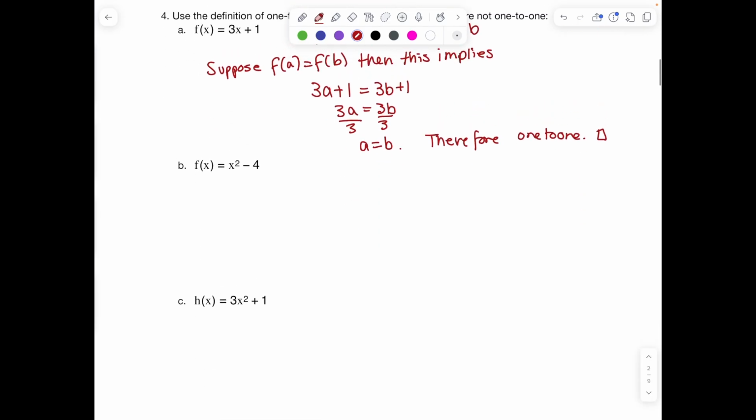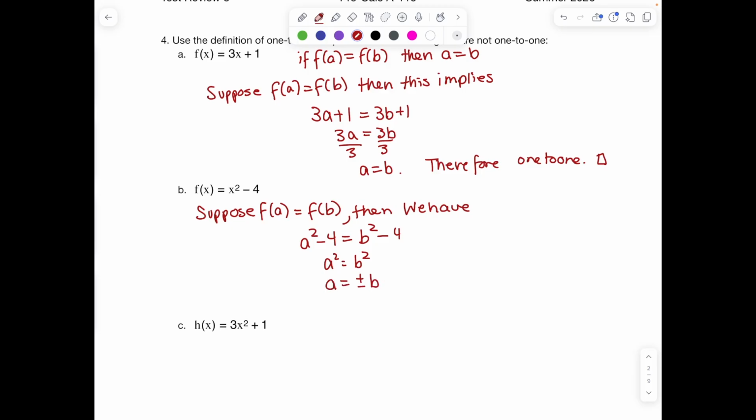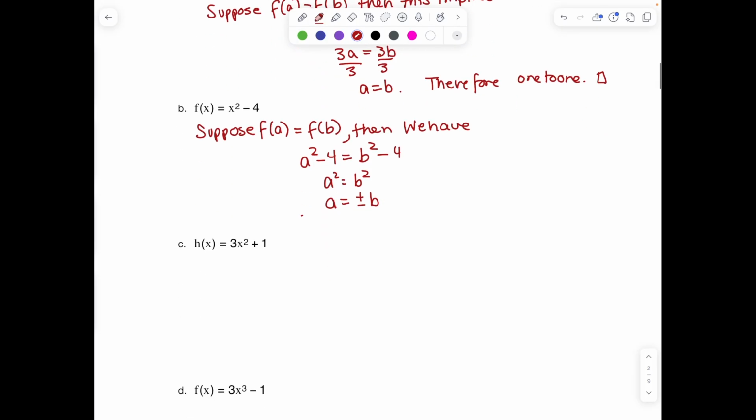Okay, for problem B, we have x squared minus 4, and this is the same thing. So suppose f of a equals f of b. Then we have a squared minus 4 equals b squared minus 4. A squared equals b squared. A equals plus or minus b by taking the square root of both sides.